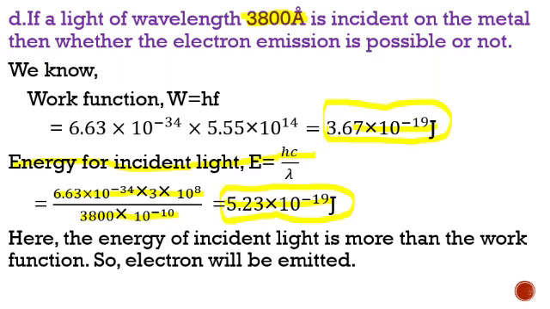So this one is more. E for the incident light is more than the work function. That's why you can say in the conclusion that the energy of the incident light is more than the work function, so the electron will be emitted. So for emission of the electron, the value of the energy must be more than the work function. If it is less, then it cannot be emitted.